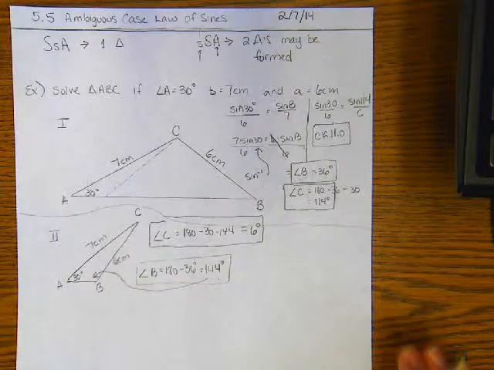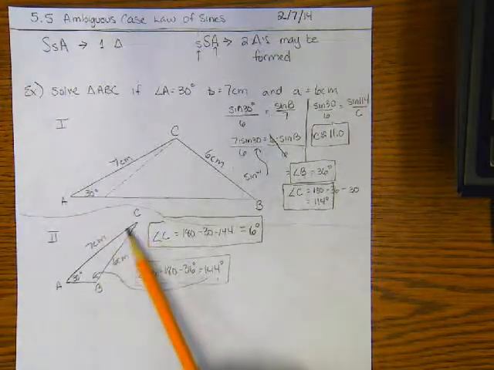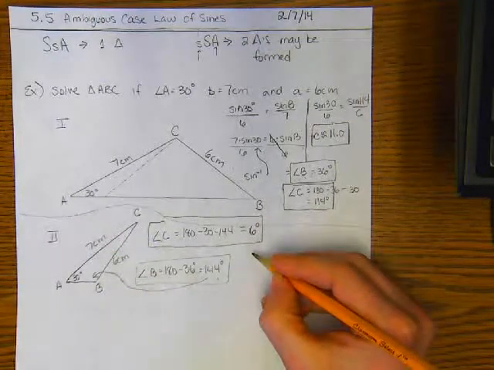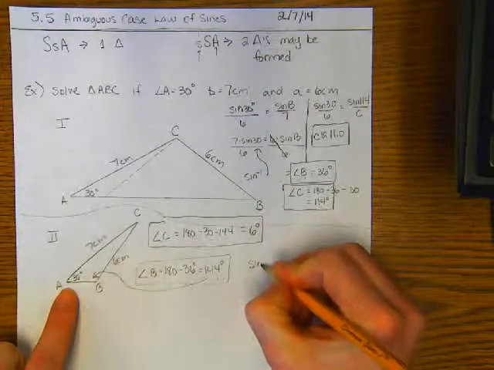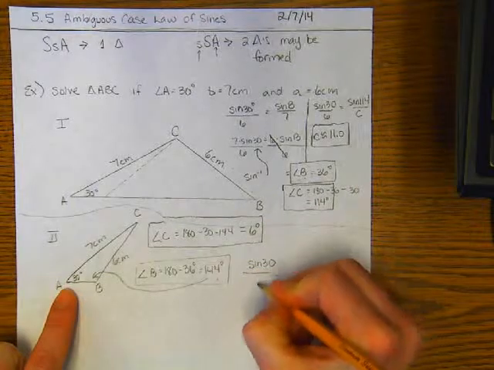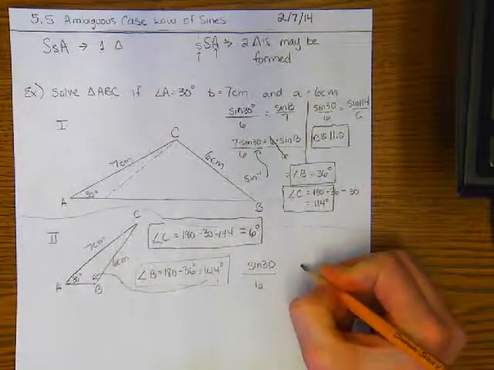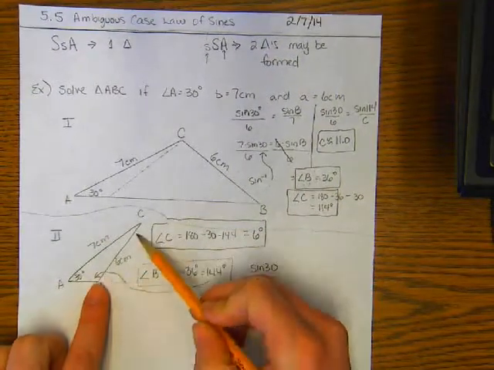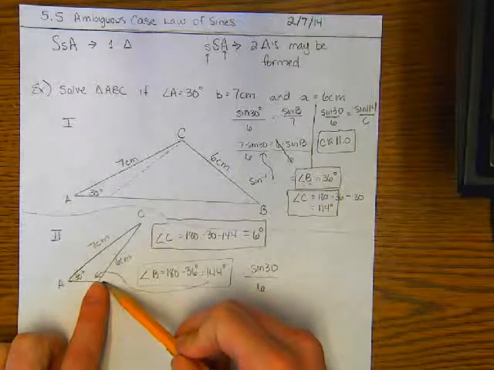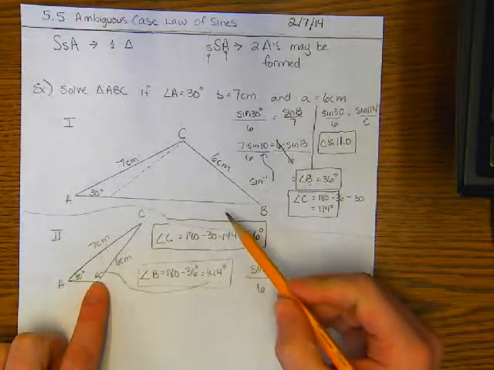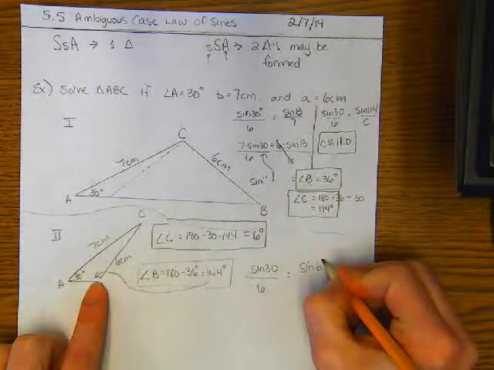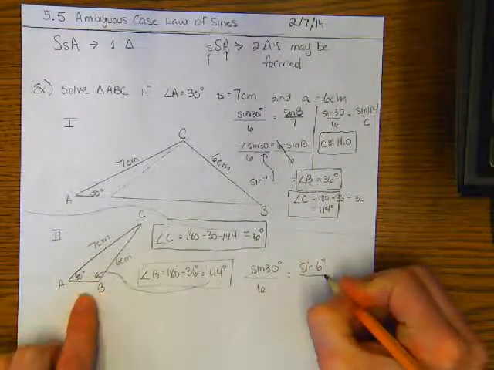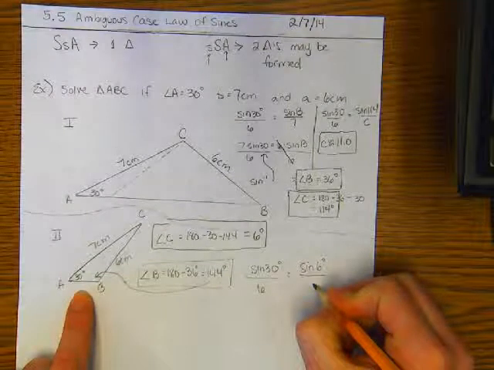Now we know the three angles in this triangle, so we would go through again and say sine of 30 over 6. I'm talking about 6 because it's the length of this side, not the angle, equals sine of angle C, which is 6 degrees, over lowercase c.